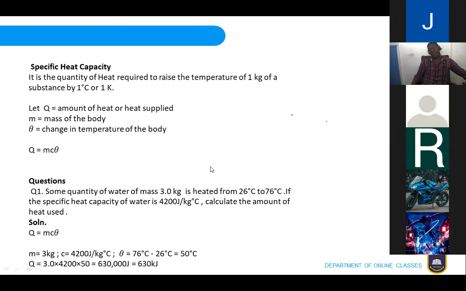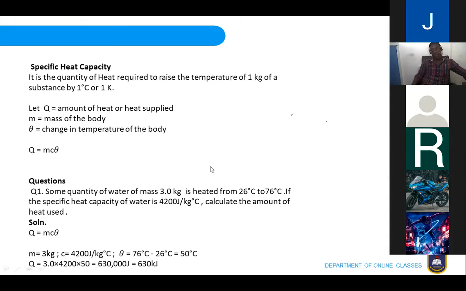Before we come to the formula relation, let me explain each of the terms. My Q is the amount of heat, or the heat supplied. Now, the m over there represents the mass of the body.